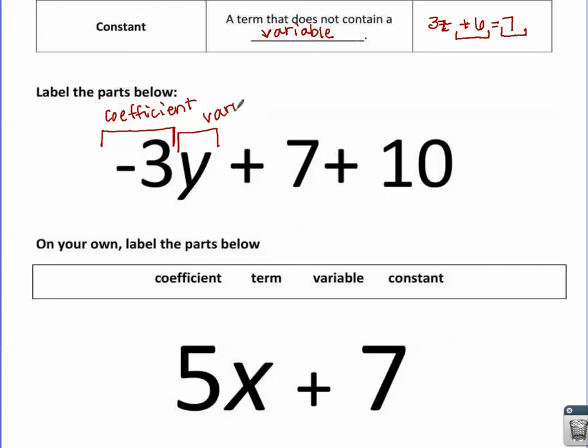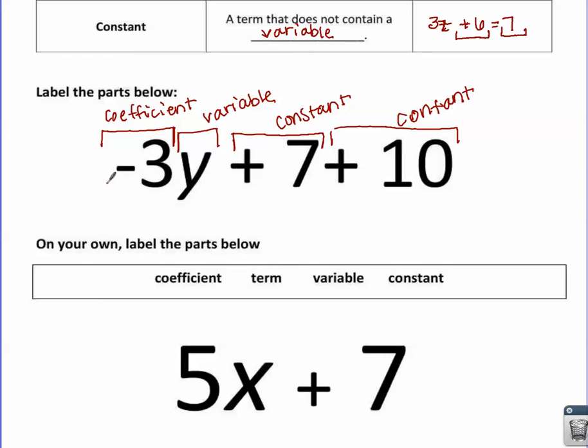The y is considered a variable. The 7, positive 7, is considered a constant. And the positive 10 is also considered a constant because it does not contain a variable.